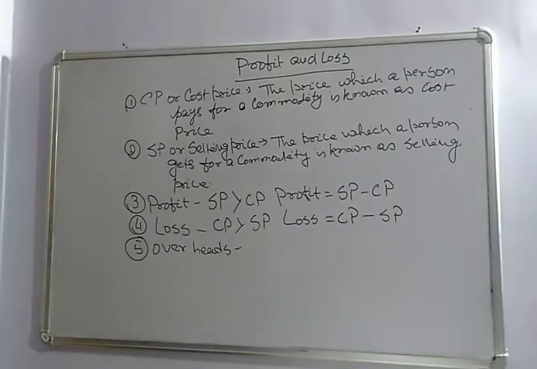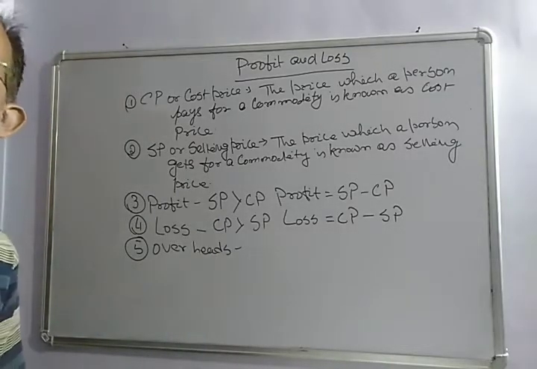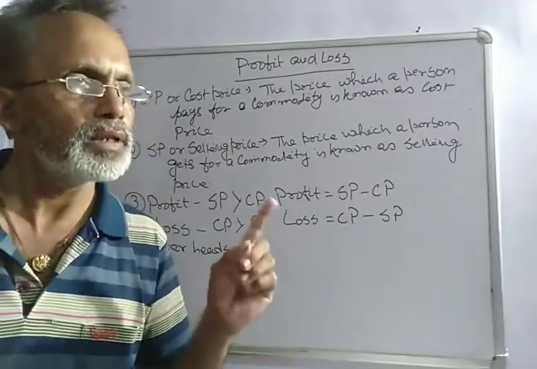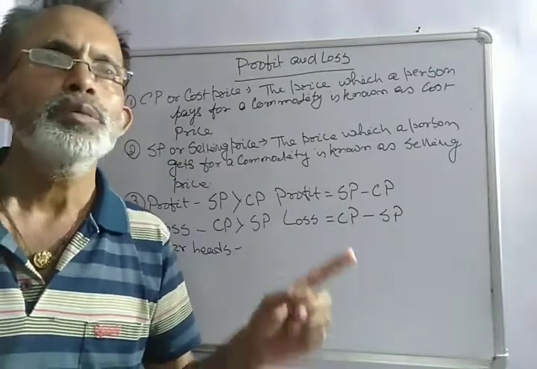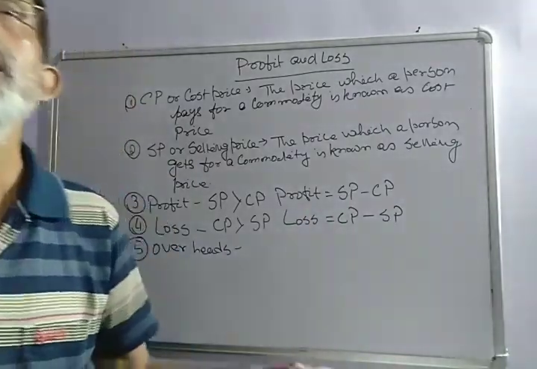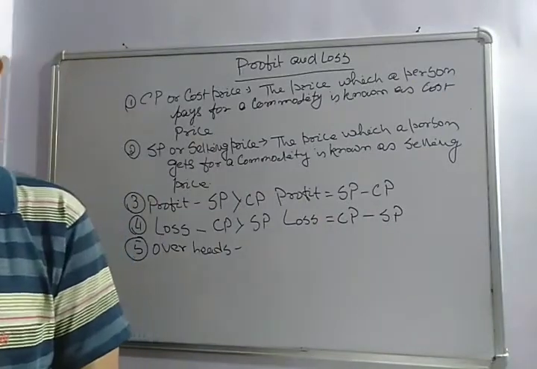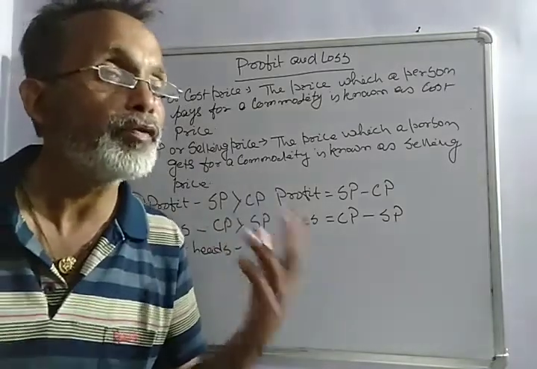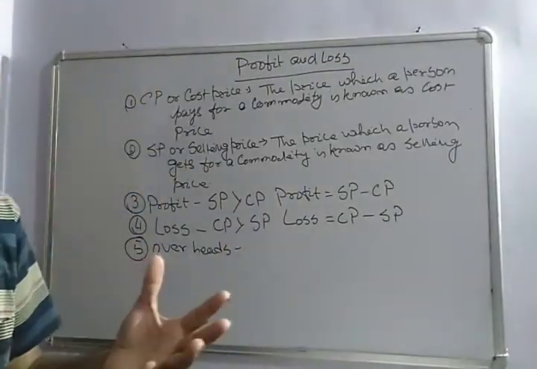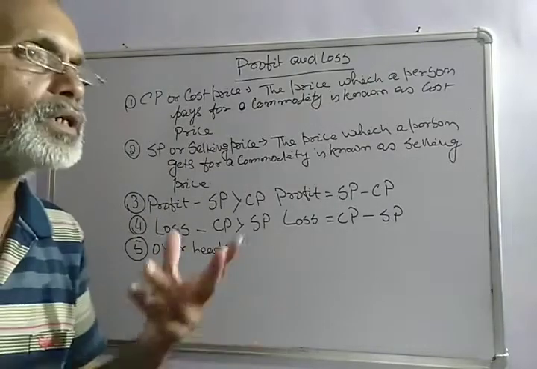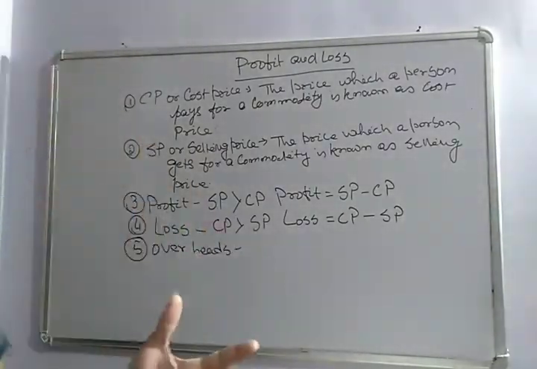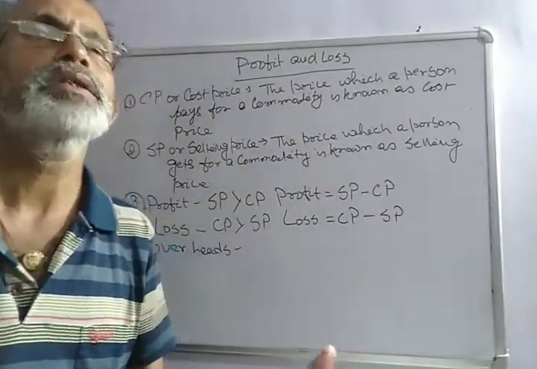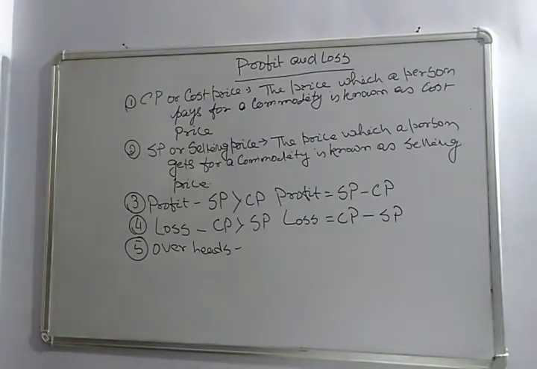Overheads is the amount a person pays after buying a good from the shop, such as the price to bring the commodity from the shop to his destination, or any repairing cost, or any other cost after buying but before selling the commodity. That is known as overheads.